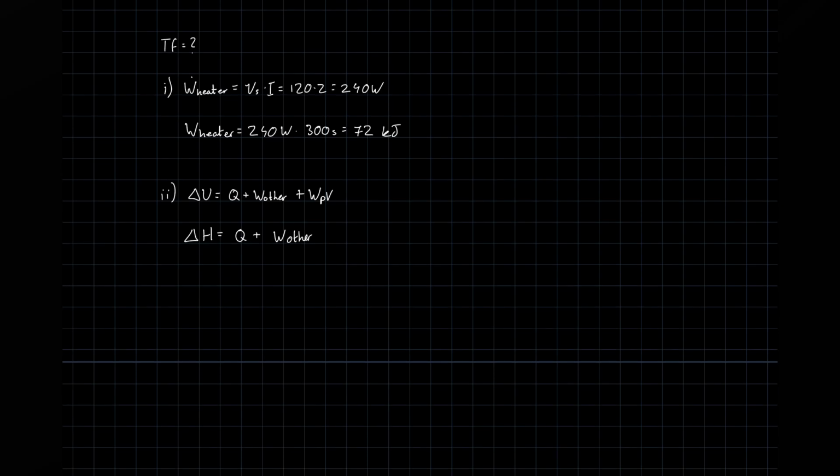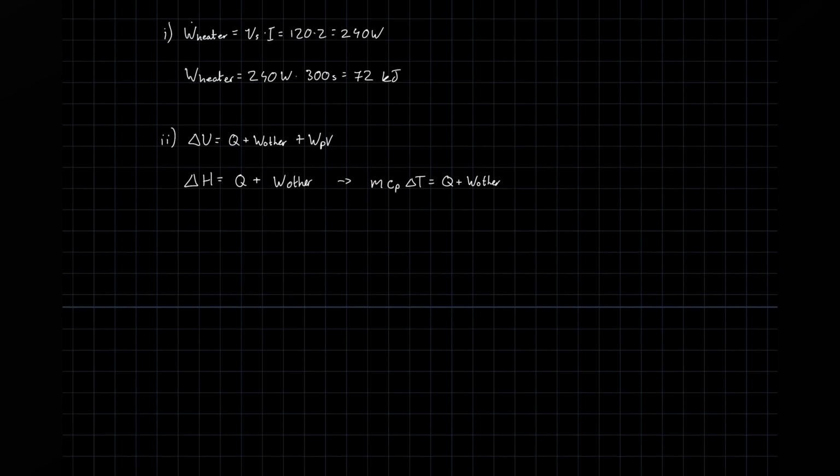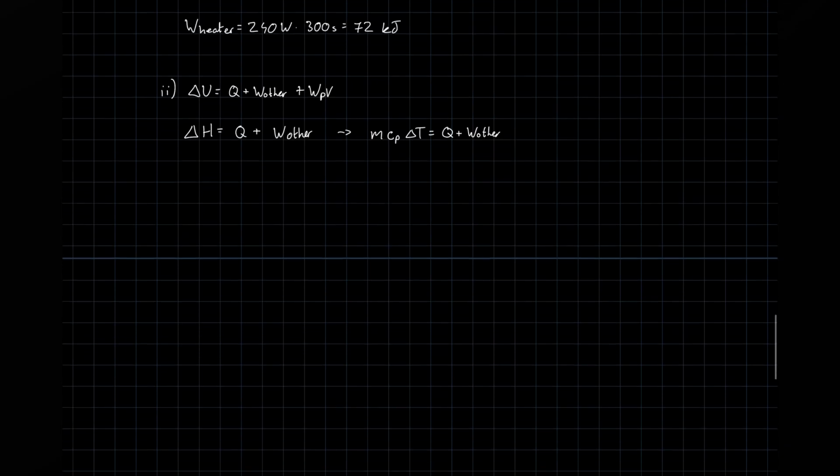So, let's start with this for now. This implies that mCp delta T, because remember, constant pressure, is equal to Q plus work other by definition. Now, we need to figure out Cp.